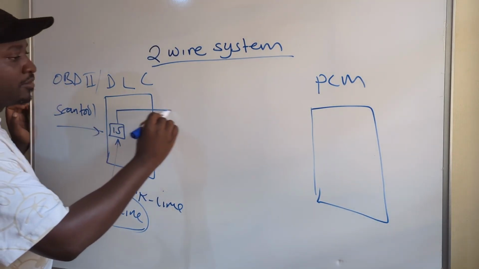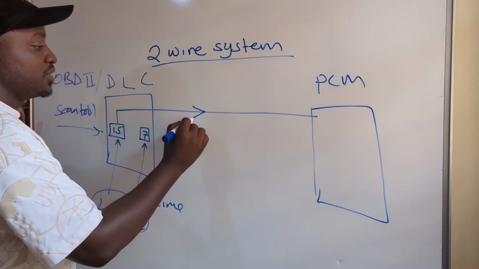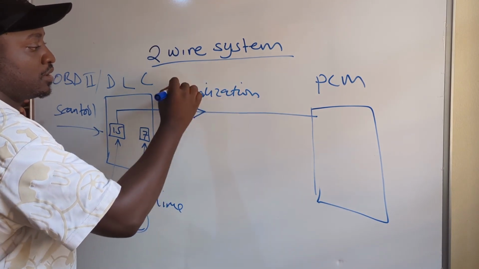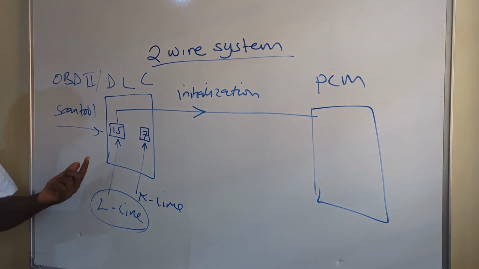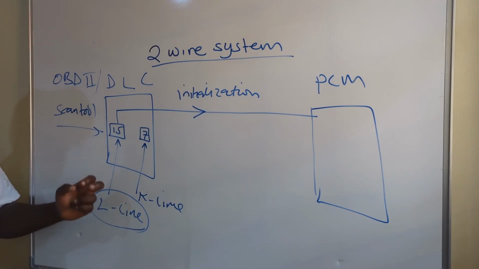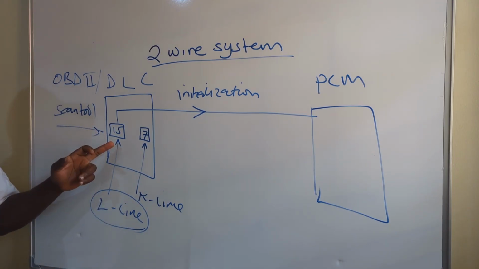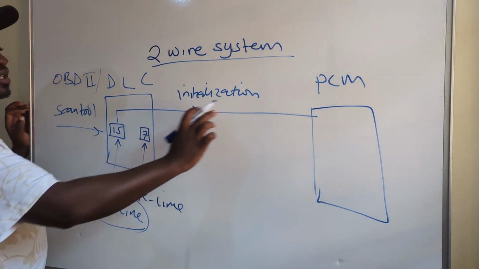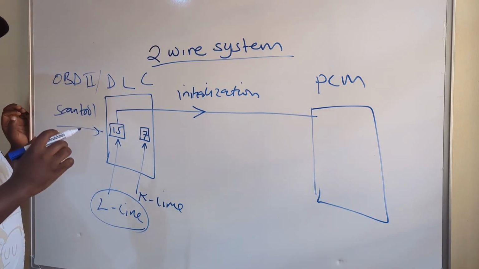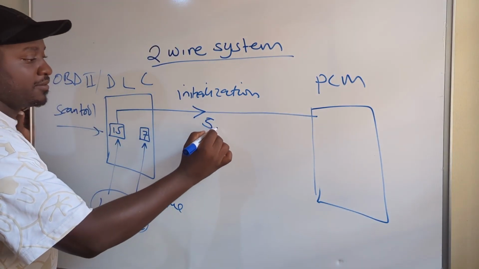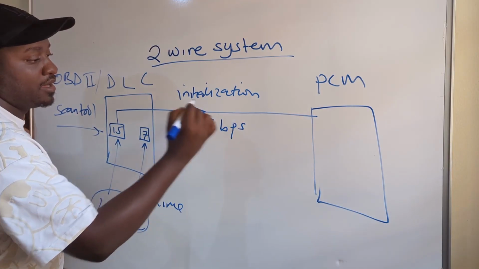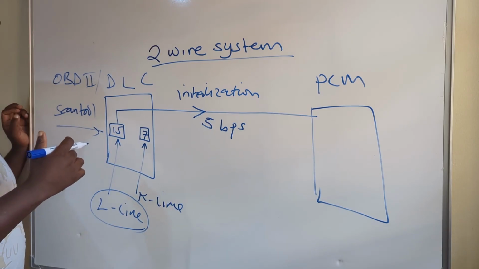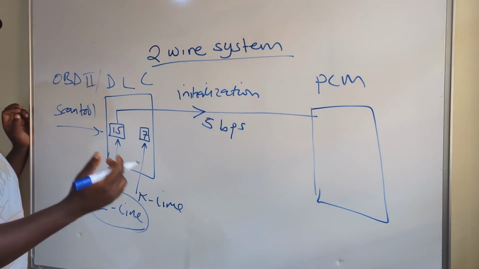So you're going to have initialization from the L line, and that is on pin 15. So what happens is this initialization is usually transferred at a low speed, usually at 5 bits per second. And that is why it is known as a 5-baud rate transmission.